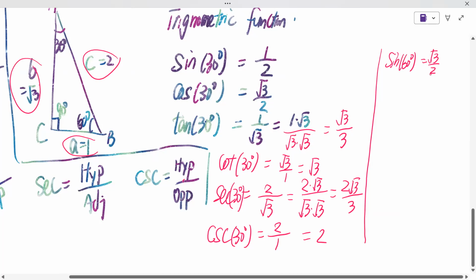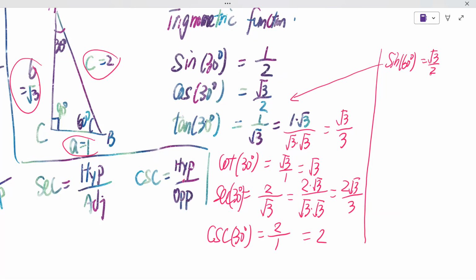And as you can see, sine 60 is the same thing as cosine 30 degrees, right? Because they are complements of each other. They form this special relationship: sine 60 equals cosine 30 degree angle.